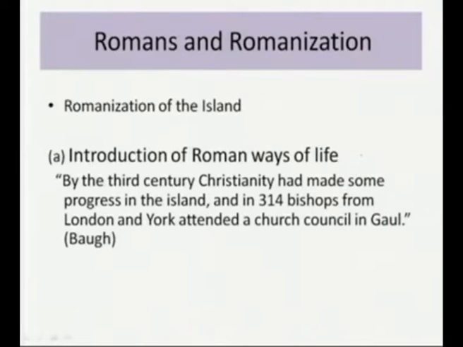The other important factor here is also the Romanization of Britain, okay, the Romanization of the island. For instance, A.C. Baugh says that regarding the introduction of Roman ways of life, by the 3rd century Christianity had made some progress in the island, and in 314 bishops from London and York attended a church council in Gaul.